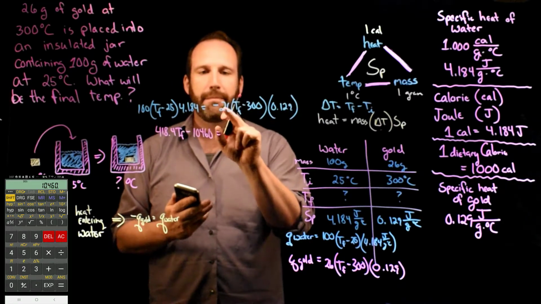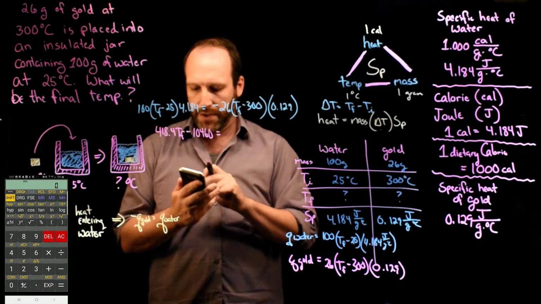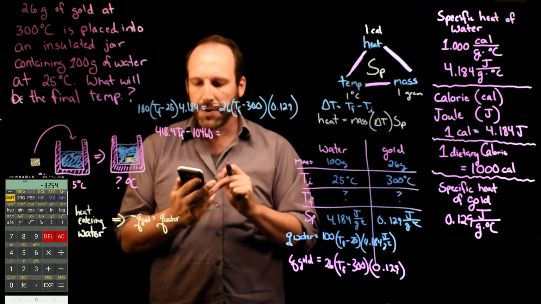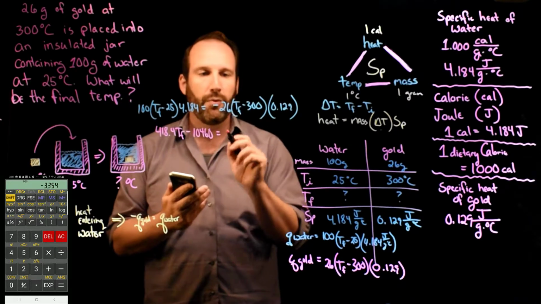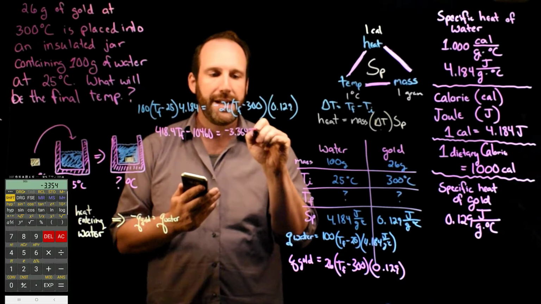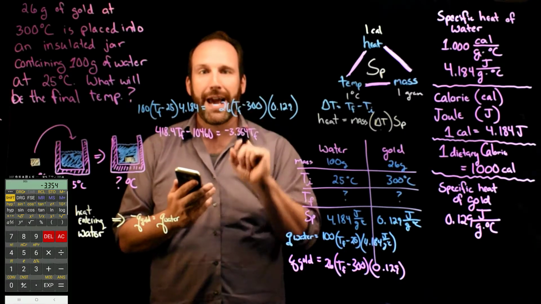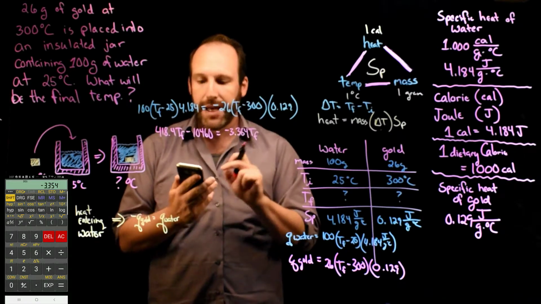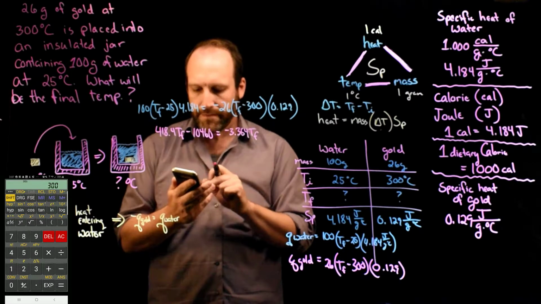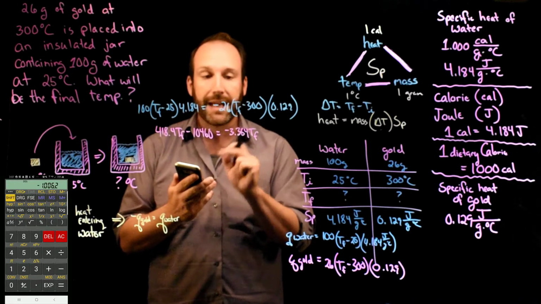I'm going to take my negative 26 and multiply it by 0.129. So negative 26 times 0.129 equals negative 3.354 TF. And then I'm going to take this number and multiply it by this negative 300 here. So times 300, that equals negative 1,006.2.